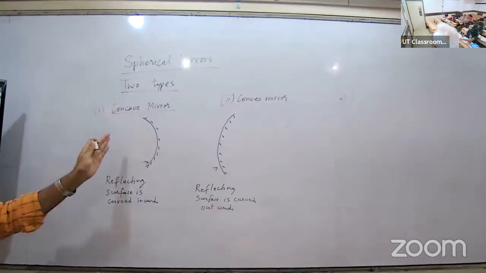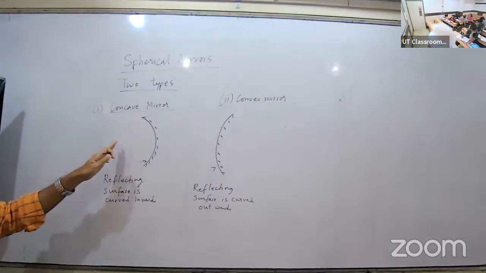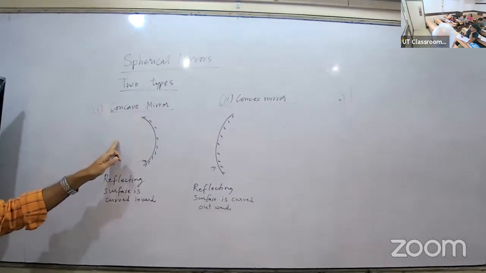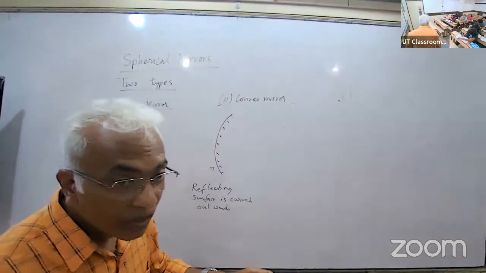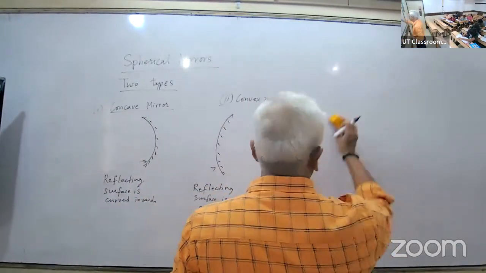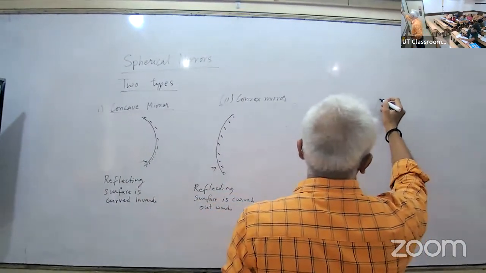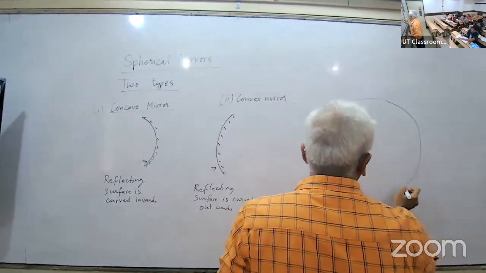So what you're seeing is the edge of the mirror. How are these mirrors made? It's a part of the sphere. Yes, it is made out of a hollow sphere, right? So suppose you have a hollow sphere like this.